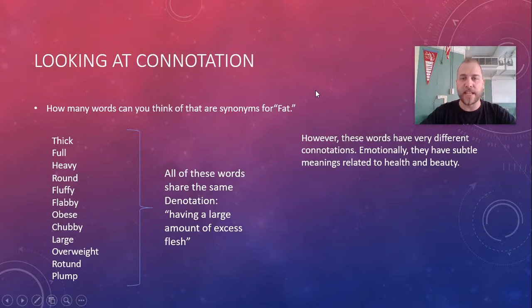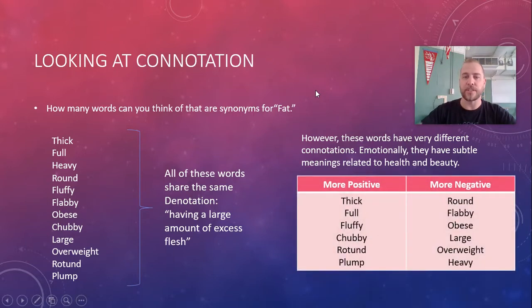And so some of these words have a more positive connotation. Thick, full, fluffy, chubby, rotund, and plump, you might find would hurt less if somebody were to call you. Whereas some have a more negative connotation, such as round or flabby, obese, large, overweight, or heavy. These would hurt a lot more if somebody were to call you by these names.